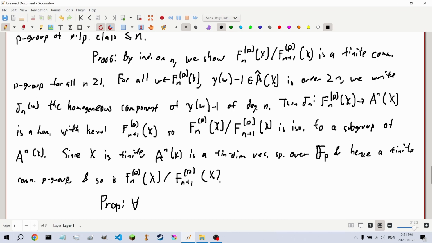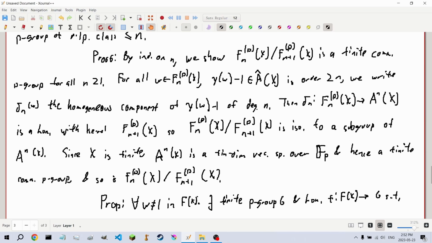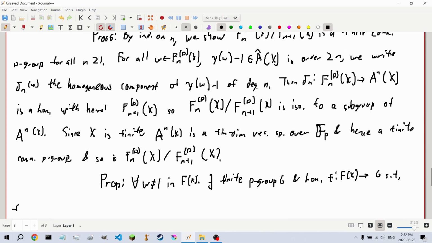For all w not 1 in F of X, there exists a finite p group G and a homomorphism from F of X into G such that f of w is not 1.